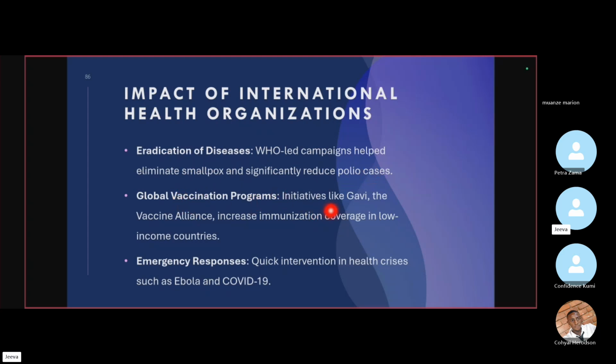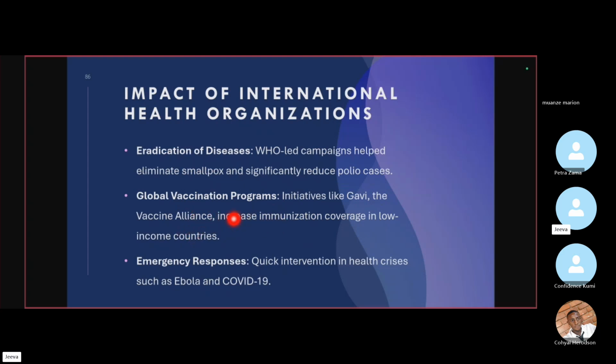So this will initiate, like Gavi, the Vaccine Alliance, which will increase immunization, so people will get immunized against those diseases. It increases the immunization coverage in low income countries, like developing countries, where people get less access to hospitals.